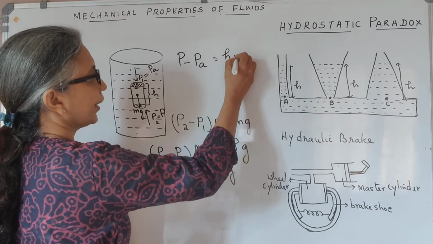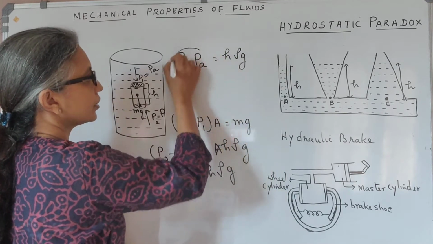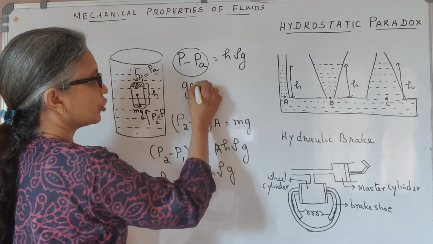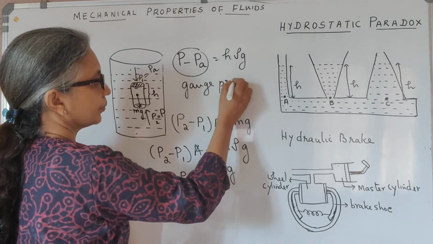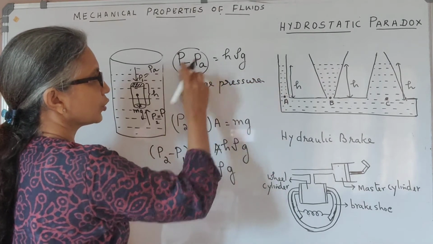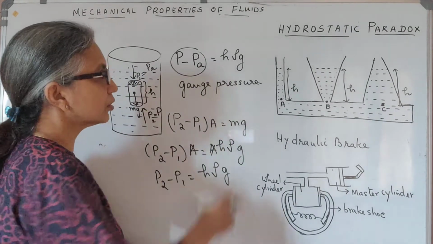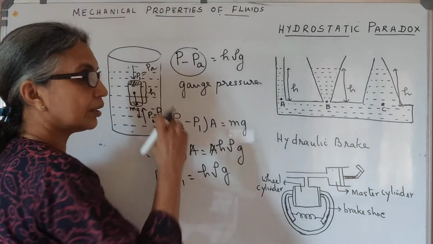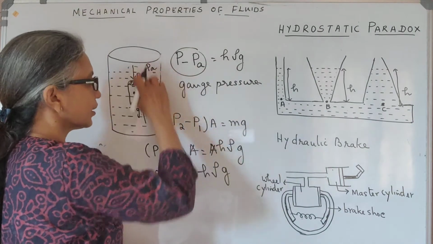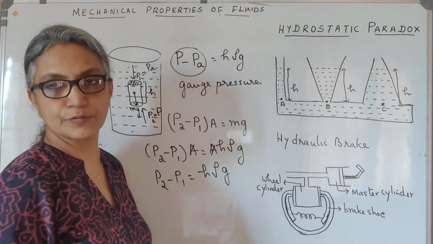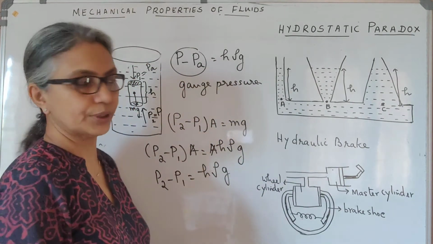This is equal to h rho g, and this is what you call the gauge pressure, the atmospheric pressure being PA. So we have h rho g being the pressure at some depth h from the surface of the fluid, rho being the density of the fluid.